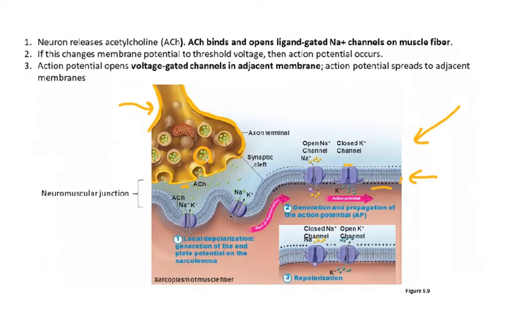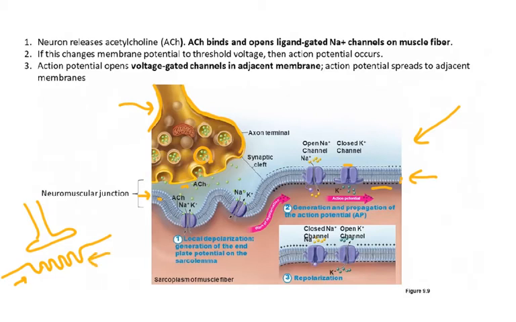And then here at the neuromuscular junction, the motor end plate, what we mean by motor end plate is this area where the muscle fiber's sarcolemma is highly folded. So at the neuromuscular junction, here's the neuron terminal, and here's the muscle fiber's motor end plate. So the motor end plate is just this highly folded area of the muscle sarcolemma.